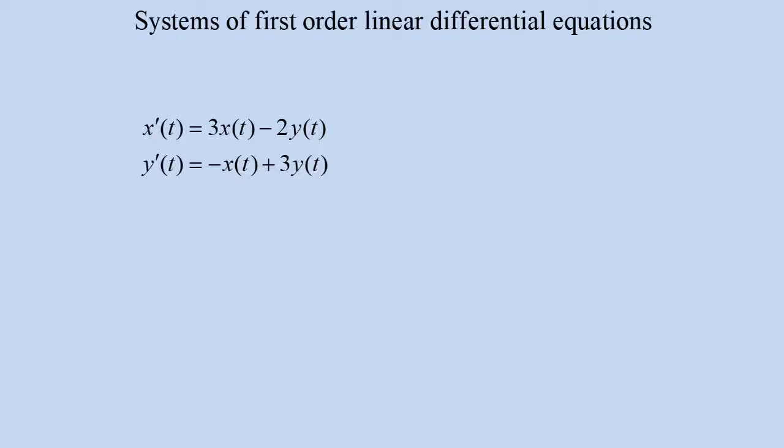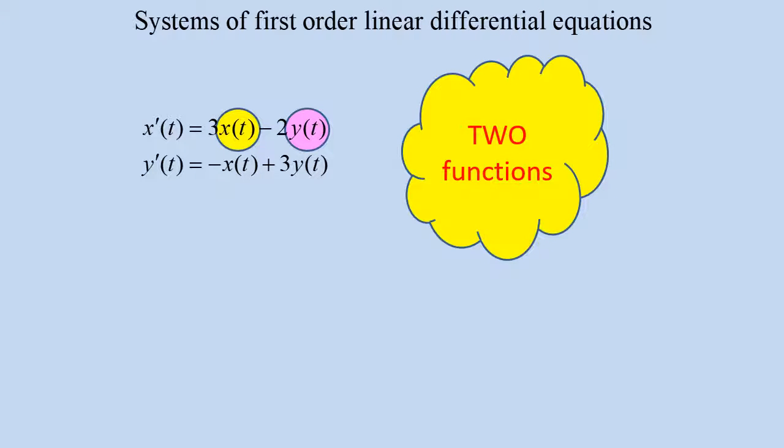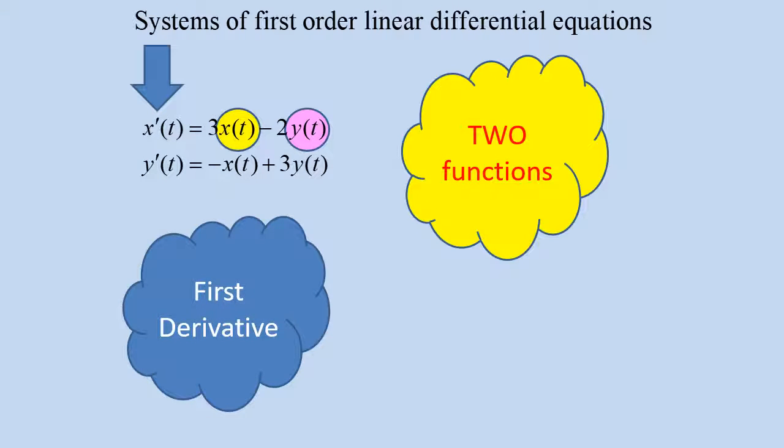This is immaterial, as long as we understand what we have here is two functions, which we're calling x and y, and one independent variable, which is t. And so here's a system of linear first order differential equations.